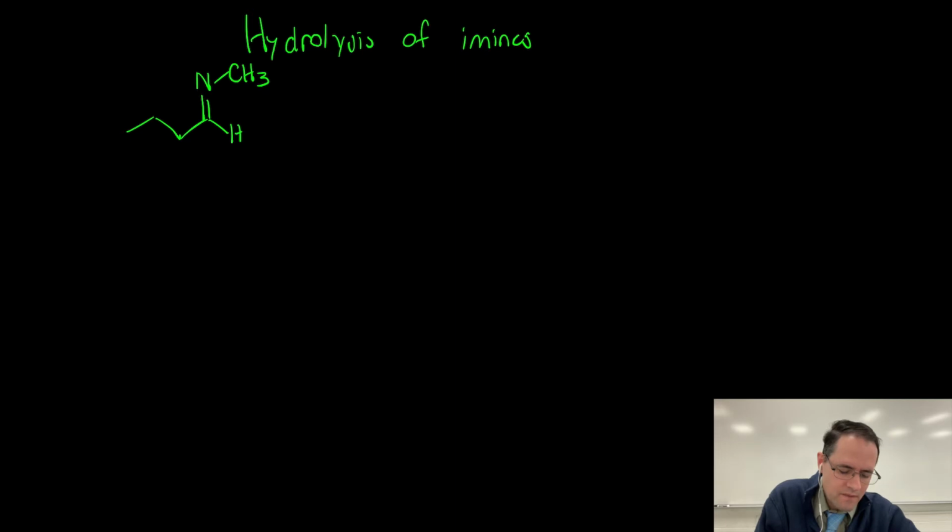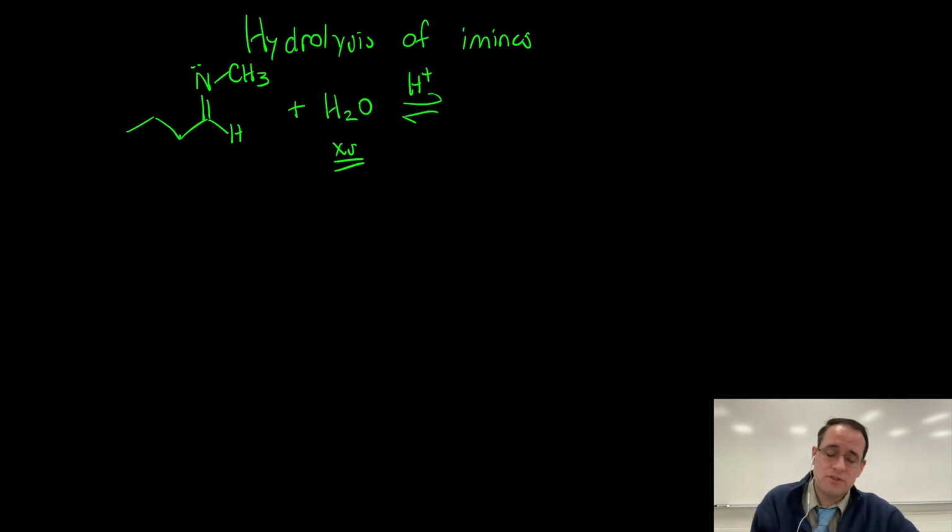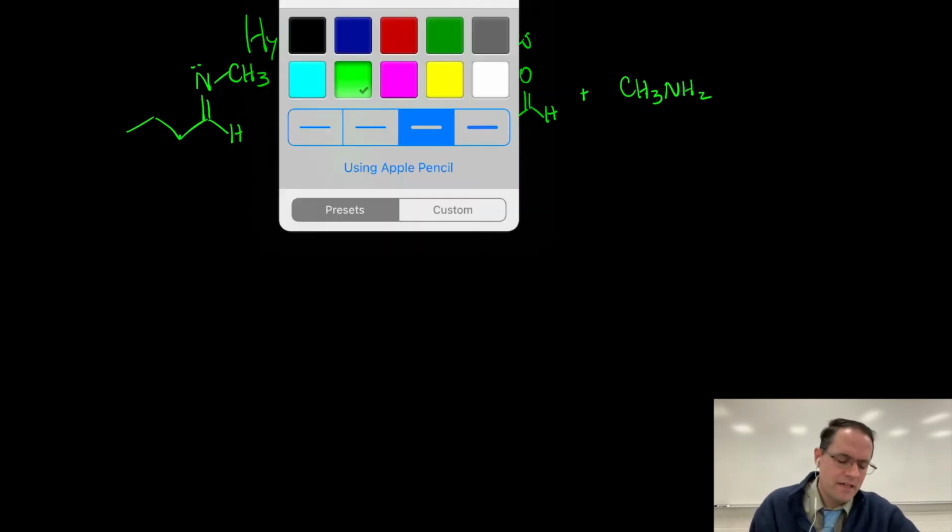There are 3 bonds to the nitrogen in total, and there's a carbon-nitrogen double bond. If you treat this with water and an acid catalyst, a large excess of water will drive this equilibrium to the right, and you'll form an aldehyde and a primary amine.